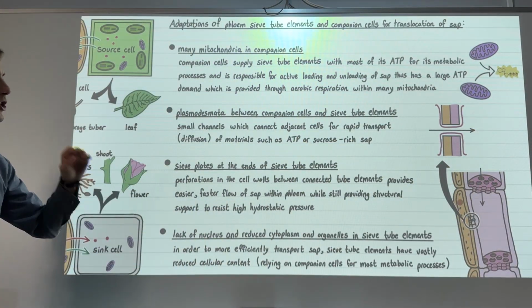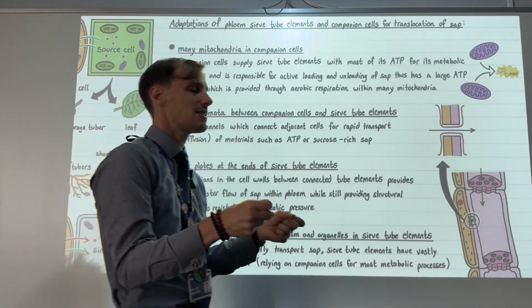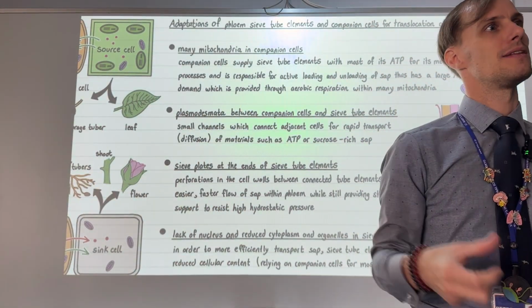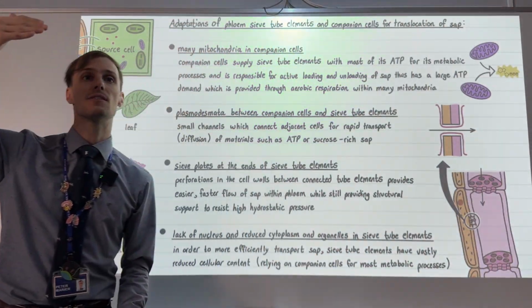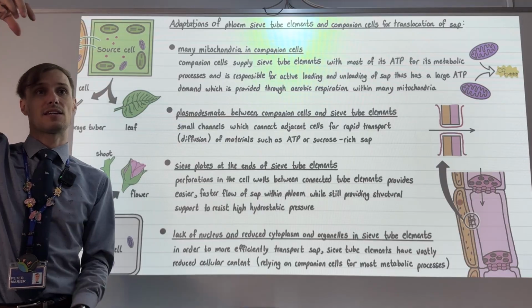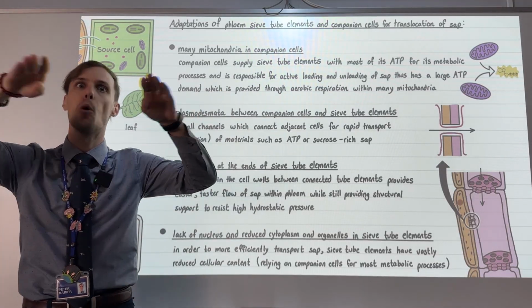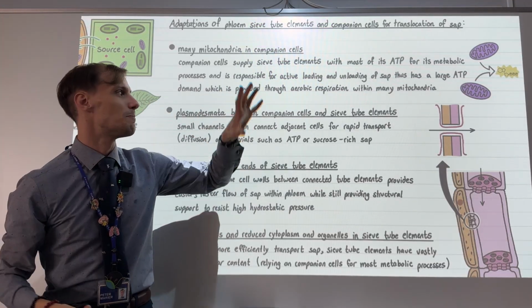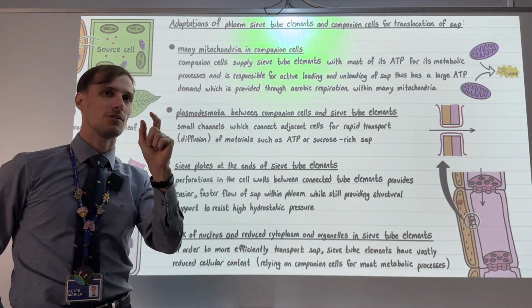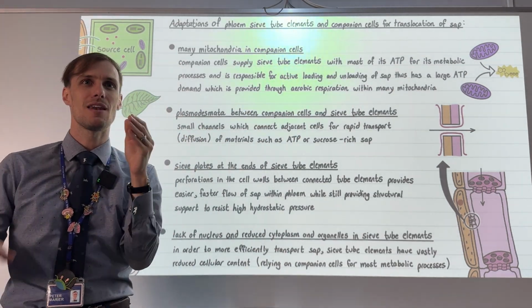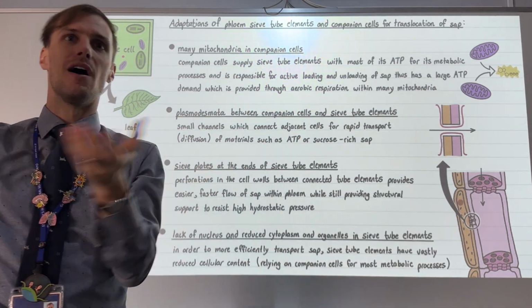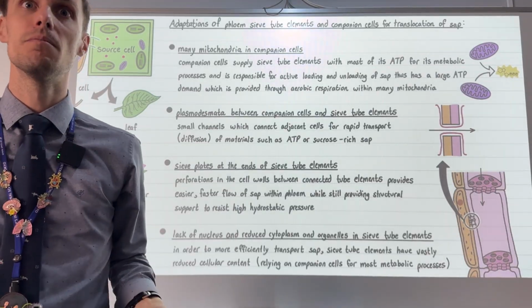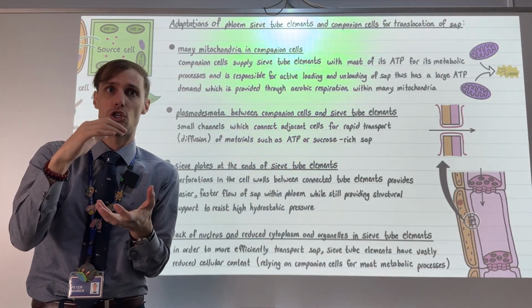The third adaptation would be, well, we said an adaptation that xylem had that allowed them to flow very, very easily is that the cells were dead and they effectively fused together and there were no partitions between cells. But these phloem tube cells are actually alive, so you can't remove partitions completely because they still would have to retain their own shape.